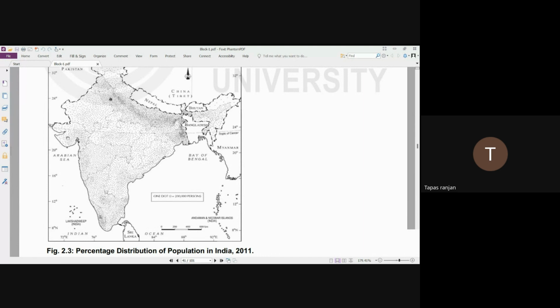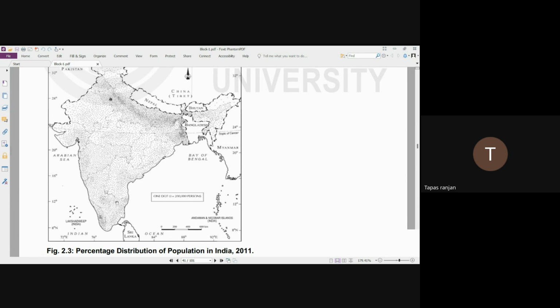Okay, so why does this happen? Because of the weather or climatic conditions. It supports a moderate climate. So that's why a lot of people are living in the western margin, the western coastal plains. Now even in the eastern coastal plains you will see a high population concentration.